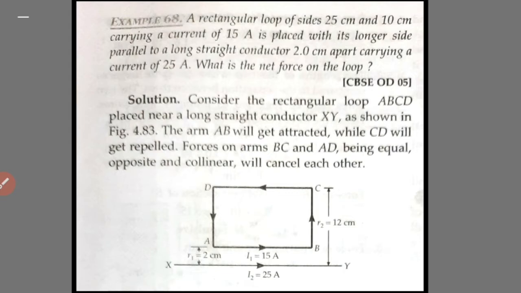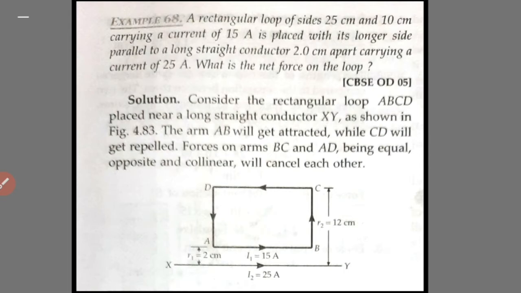As we can see from the diagram, the current through AB and the wire are in the same direction. So it is the same as parallel conductors. Current through CD and the wire are carrying current in opposite directions, so it is an anti-parallel conductor.